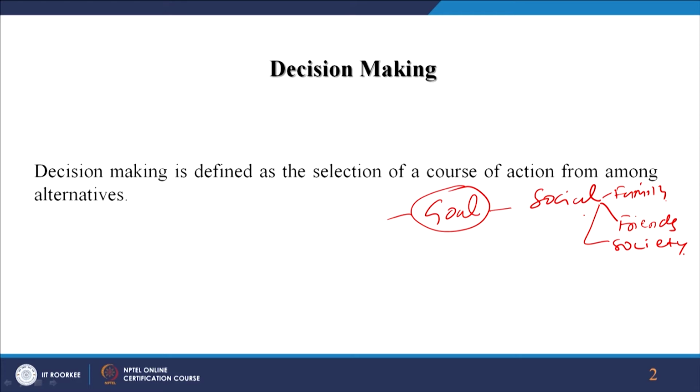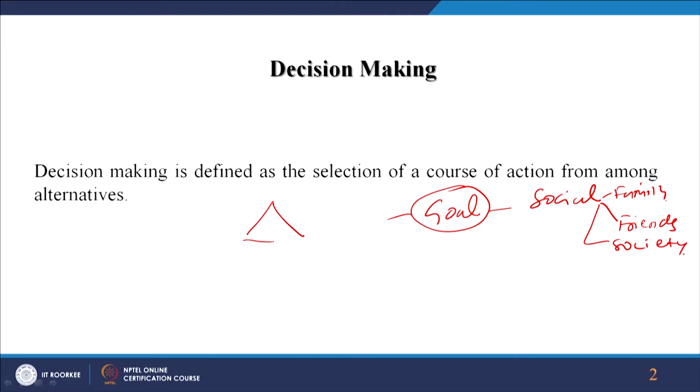I would also like to connect this decision making process with Maslow's hierarchy of needs: the physiological needs, safety needs, social needs, self esteem needs and self actualization needs. Many times these needs become the goals.